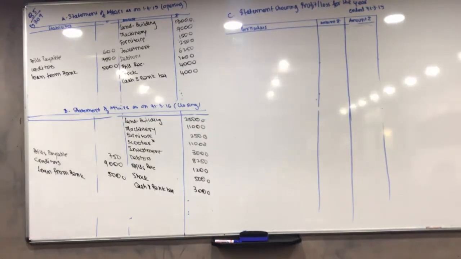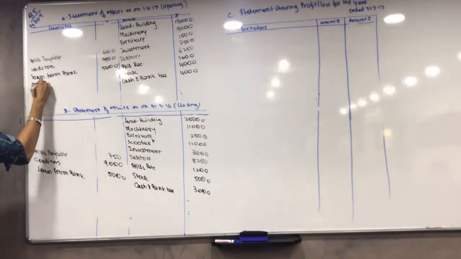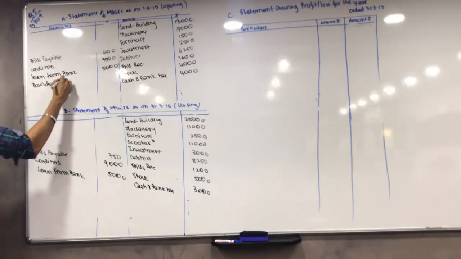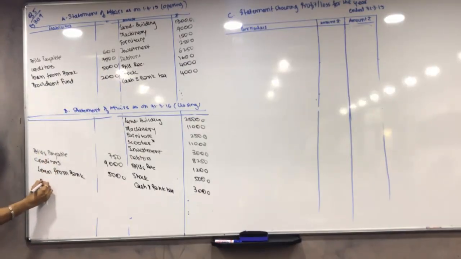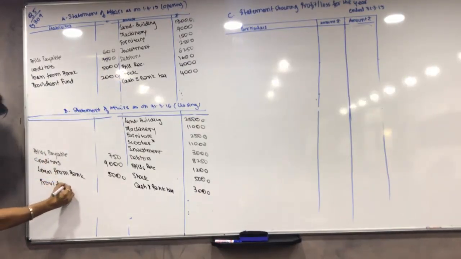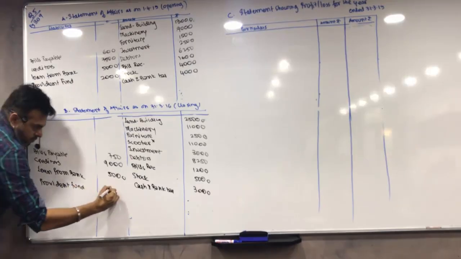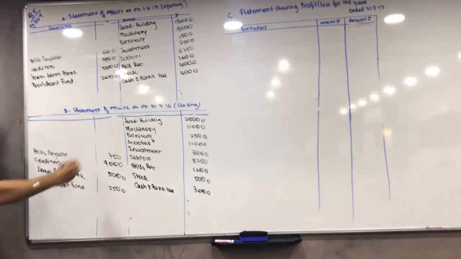Loan from bank and then provident fund, 2,000. Provident fund, 2,500. Close it.